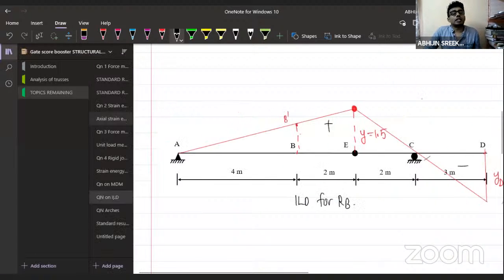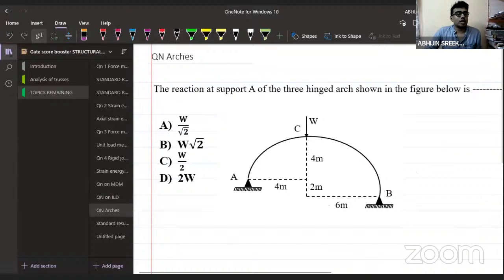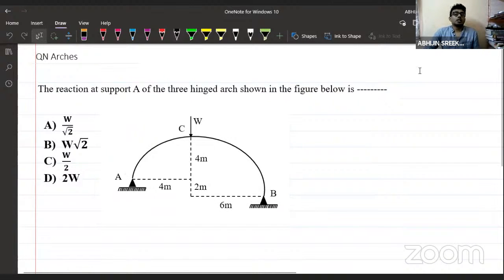See, there is one more question. I want you to solve this. This question is from the chapter Analysis of Arches. I want each and every one of you to try this, and I want you to give me the correct answer. I will give you some time to solve this question.